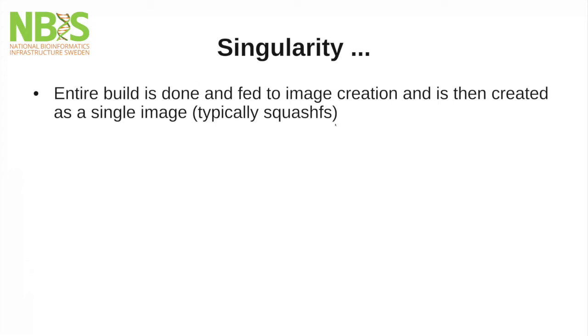The build process is done, and then it's all fed into an image creation process. This also means that there is essentially no caching, so it can be time consuming to work with large build processes if you need to troubleshoot.